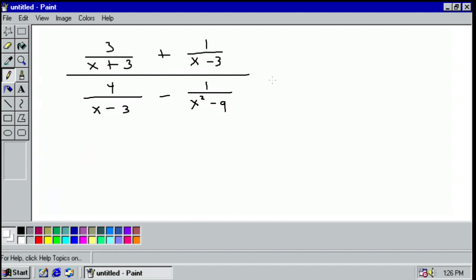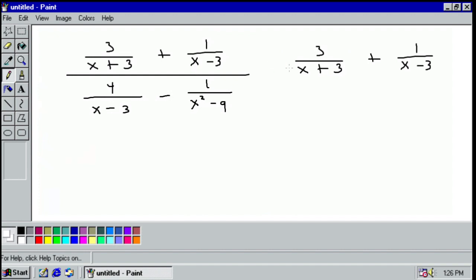Now this one. We're gonna solve this part of the equation first, and next we're gonna solve the next part. So here, let's copy this one and solve it. We need to make the denominators the same.